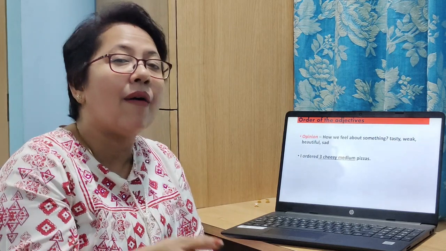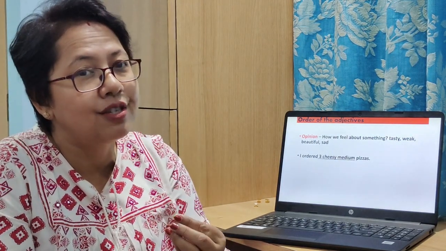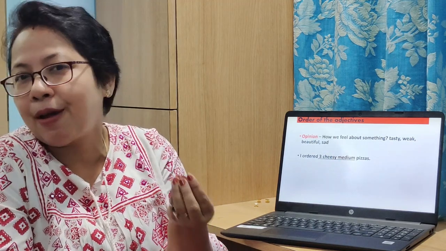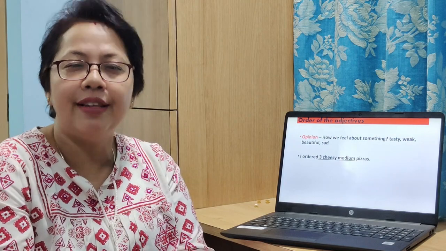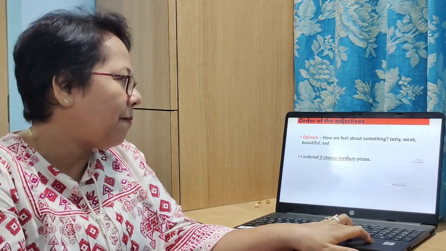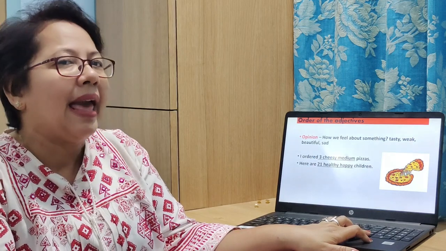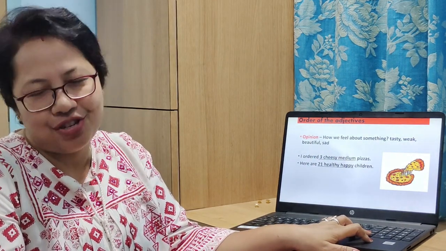So I ordered, now I am using one more. The second thing that will come in is my opinion. What is my opinion? It's a cheesy pizza. So I have ordered 3 cheesy medium pizzas. So that is the order. Or, for instance, here are 21 healthy, happy children.